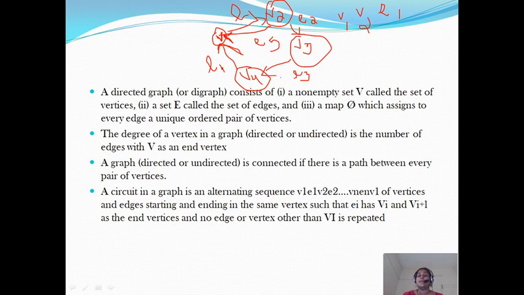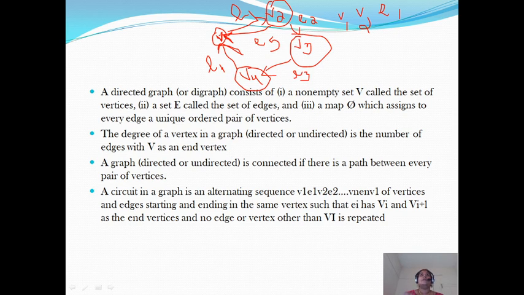That is, the degree means the number of edges coming to a vertex. Another way we can say it is the number of edges coming to the vertex. That is very important: edges coming to the vertex, not going from the vertex, give the degree of the vertex.